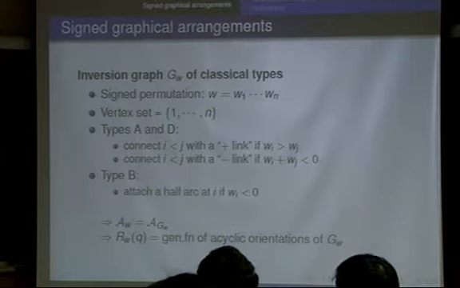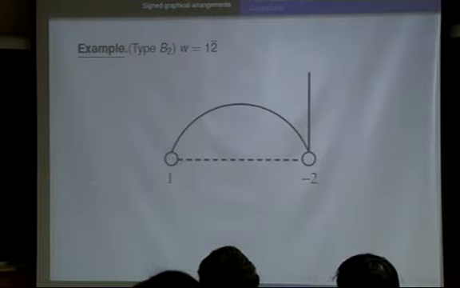The region polynomial is the generating function of acyclic orientations of this signed graph, the inversion graph. Here's an example in B2, this is 1, negative 2. I wrote negative 2 as 2 bar. This is an example of an element of B2. This is the inversion graph: because 1 is greater than negative 2, we connect with a positive edge. 1 plus negative 2 is less than 0, so we connect with a negative edge. And negative 2 is less than 0, so we attach a half arc.